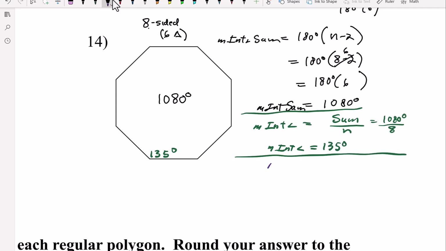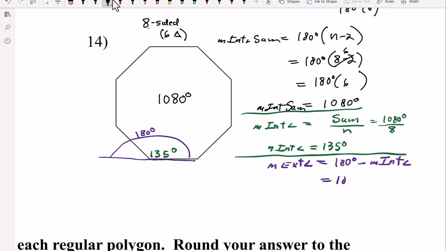Then we need to find the measure of each exterior angle. Look at, if we extend this line, look at what we have. We now have two angles that sit on a straight line. Those two angles add up to 180 degrees. So it's 180 degrees subtract the measure of the interior angle.